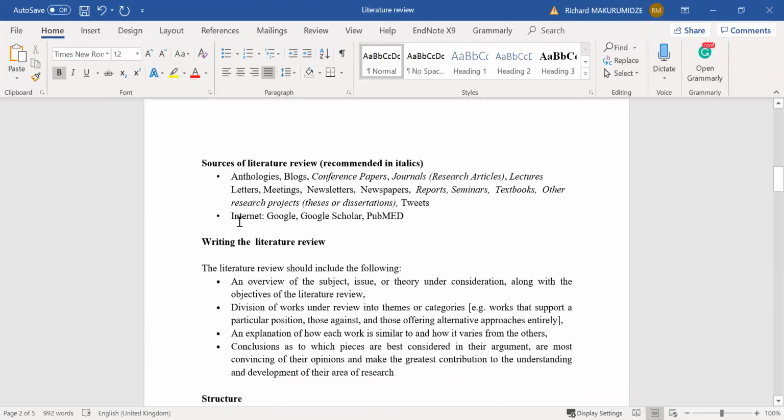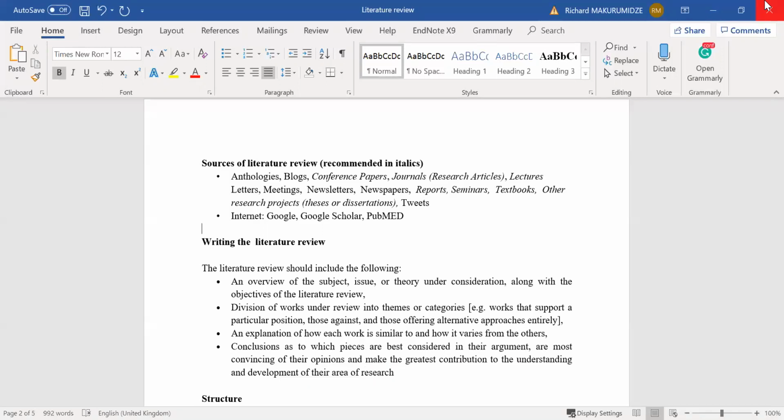Then there's much talk about using the internet to get sources. These days, the internet is a huge source for most of these things. Most of the conference papers, journals, lectures, reports, seminars, and textbooks are available on the internet. And how do you access it? This can be accessed through Google.